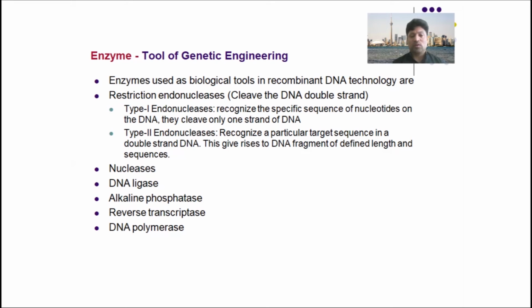Number two is nuclease that splits the nucleus. DNA ligase is also an important enzyme for bacteria, tissues, and the cell. We know very well there are certain drugs like ciprofloxacin and ofloxacin. These drugs actually stop the function of the DNA ligase.